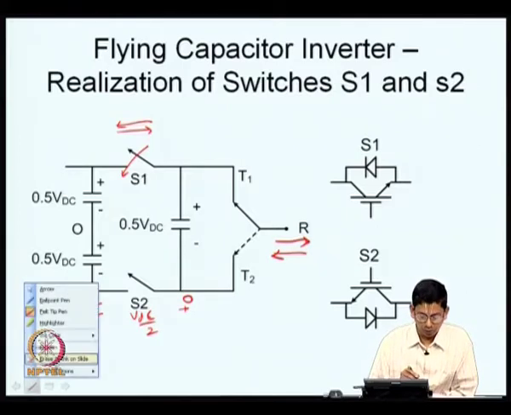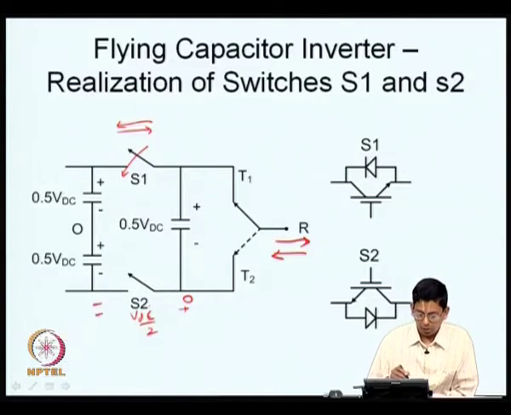The same scenario, if you consider that S2 is on, this will be conducting in one of the two directions depending on the load current, and here it will be blocking a potential with such polarity. S1 will be blocking potential with this polarity now, because this is closed, right. Here the potential is equal to that of the positive terminal, this side the potential is equal to that of the DC bus midpoint. So, the potential difference is VDC by 2 with polarity as indicated now.